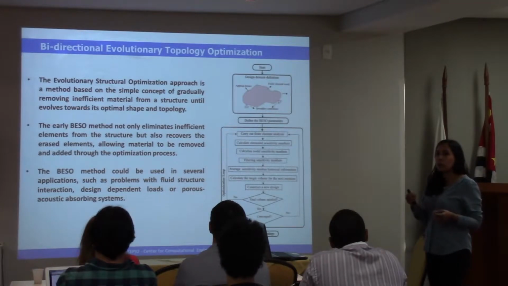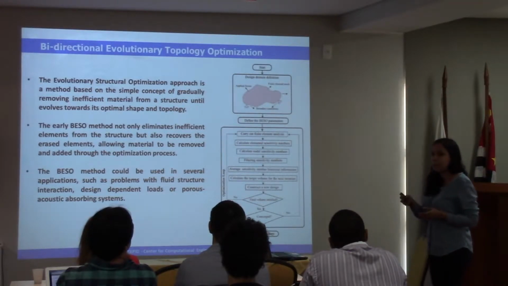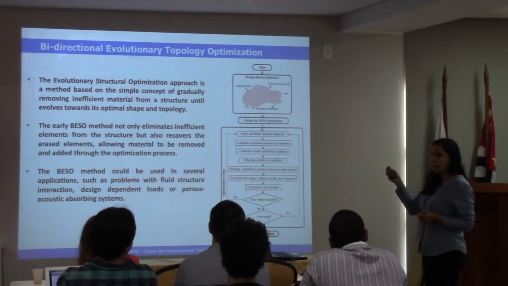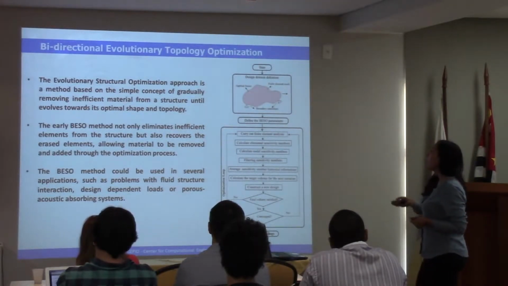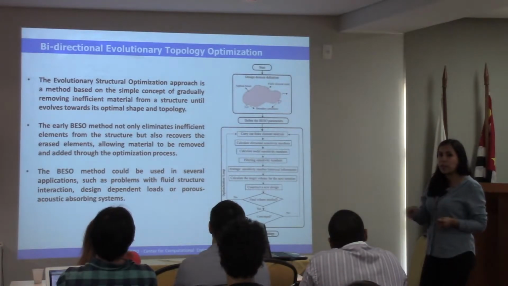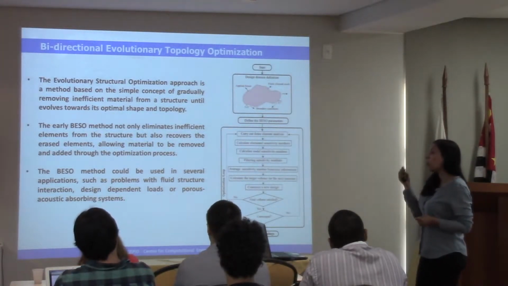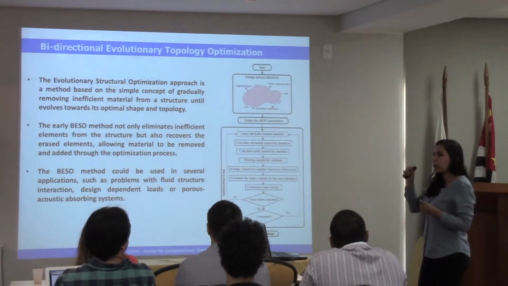They are related to how much material we are going to take out in each iteration, and some things like that. I'm not going to be very specific, but they are related to how the method works. Then we carry out a finite element analysis to find the displacement field of the structure. We normally start with a full domain, and we see how it behaves.